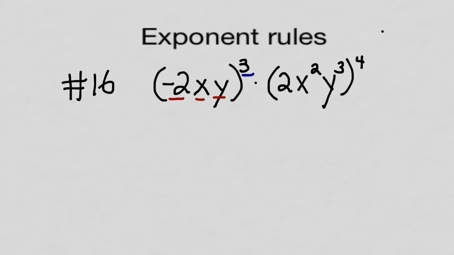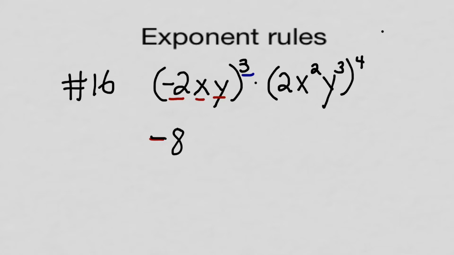Let's start with the negative 2. Negative 2 to the third is negative 2 times negative 2 times negative 2. Let's just break that down. Negative 2 times negative 2 is positive 4, times negative 2 is negative 8.